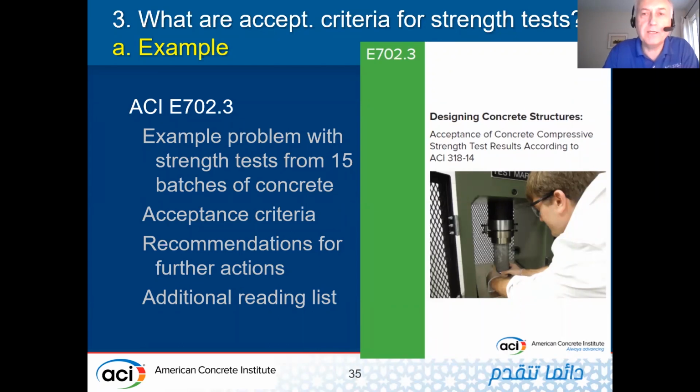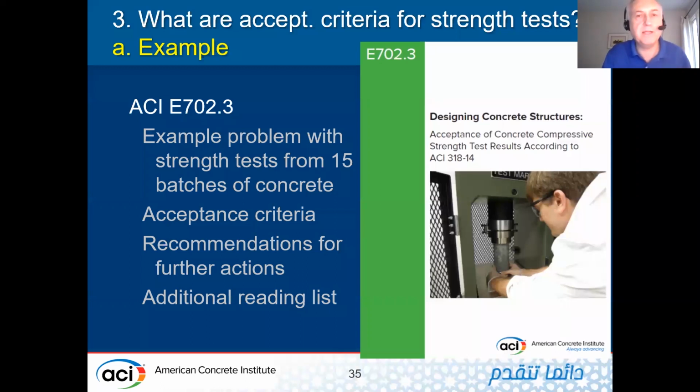Before doing that, I just want to mention another publication that is free of charge. You can download it from the ACI website, E702.3, which is Designing Concrete Structures, and talks about those acceptance criteria and acceptance of compressive strength in a little bit more detail.